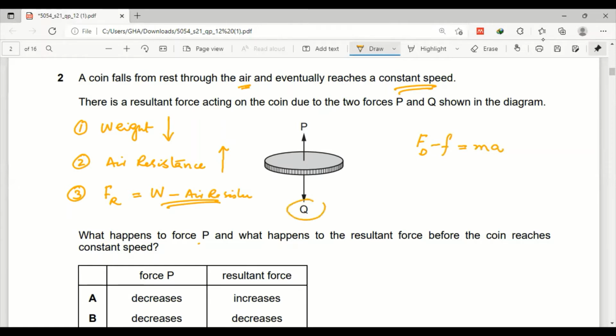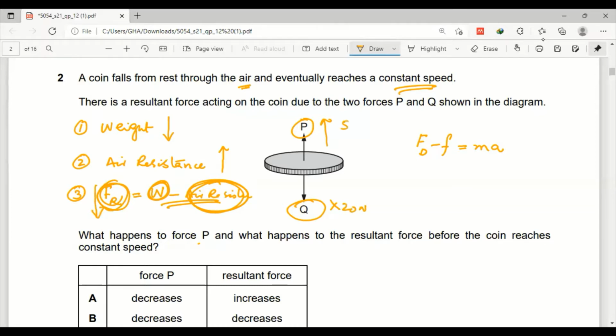So this is the weight. It remains same. This is the air resistance. With the passage of time, it increases. When the weight remains same and the air resistance gradually increases, then the resultant force decreases. For example, weight is 20 Newton.